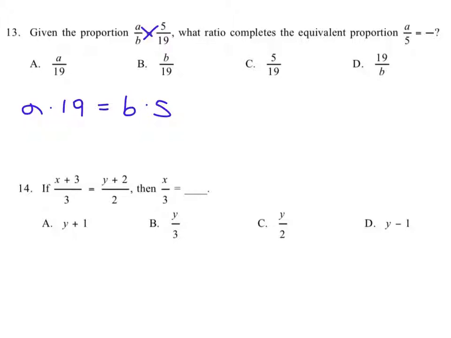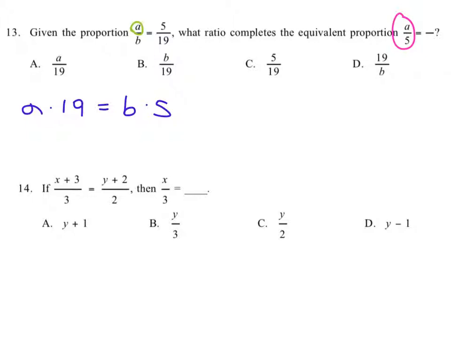So what we're allowed to do is, let me erase what we got over here, switch the position of one pair of diagonals in order to get an equivalent proportion. And specifically, because we want to get A over 5, we want A to stay where it is right now, and we want B and 5 to switch so that 5 is on the bottom.